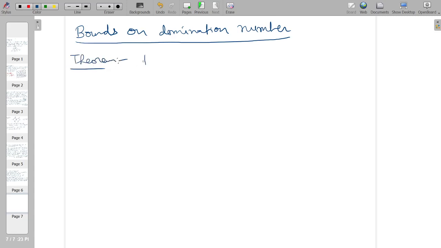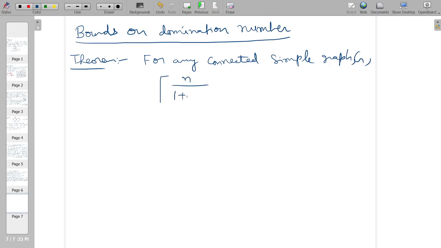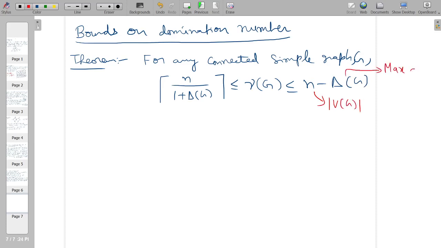Okay, for any connected simple graph G, the ceiling of n by 1 plus delta of G is less than or equal to gamma of G, which is less than or equal to n minus delta of G, where n is the cardinality of V of G and delta of G is the maximum degree among all the vertices.